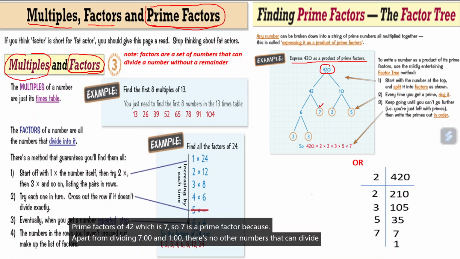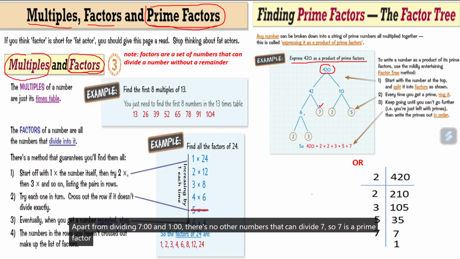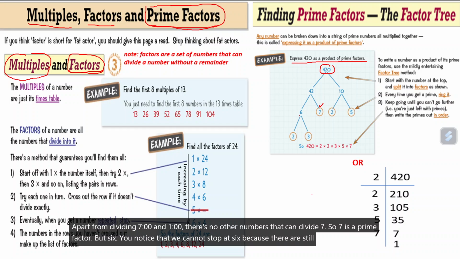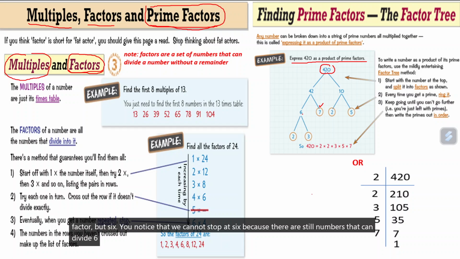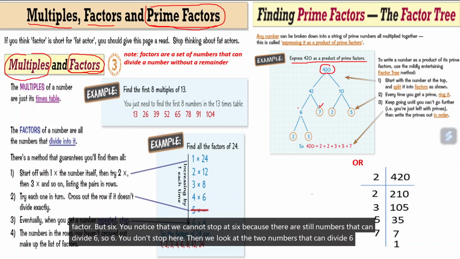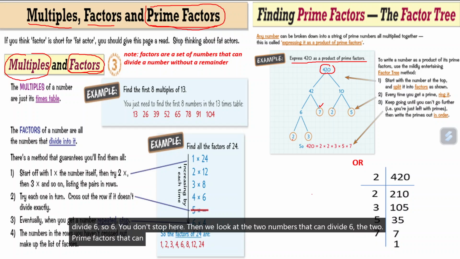But 6, you notice that we cannot stop at 6, because there are still numbers that can divide 6. Then we look at the two prime factors that can divide 6 without remainder: 2 and 1. I'm sorry, 2 and 3. You can say 2, 3.